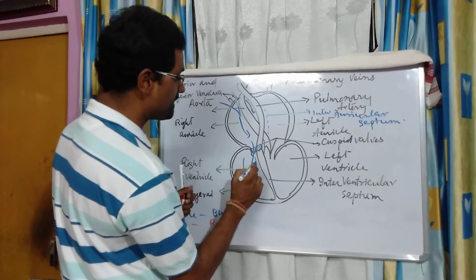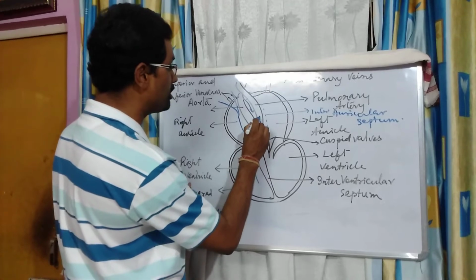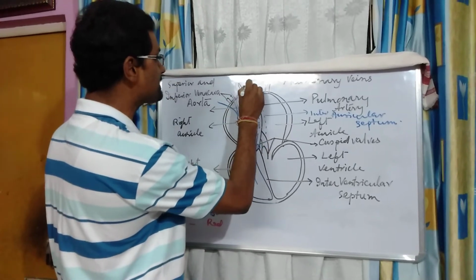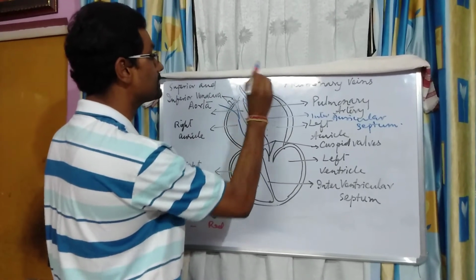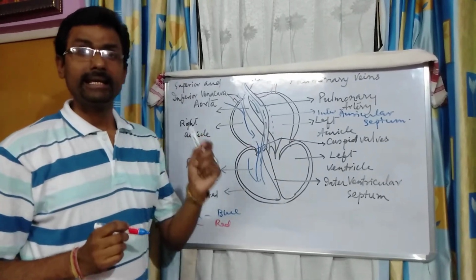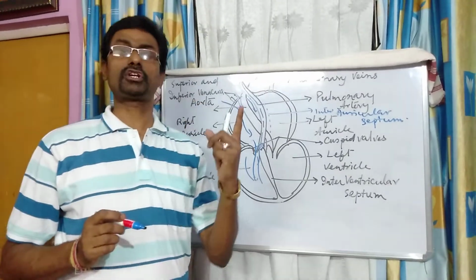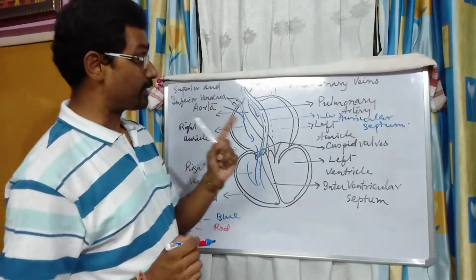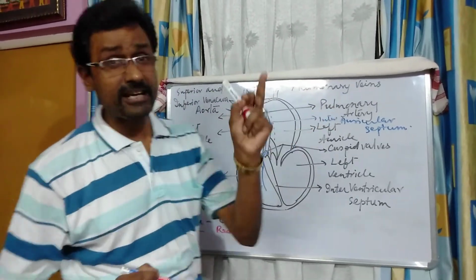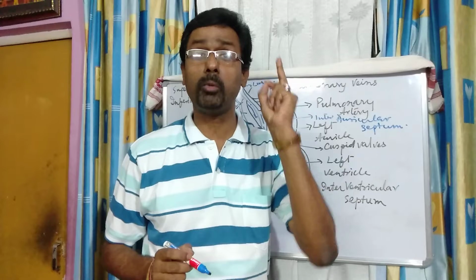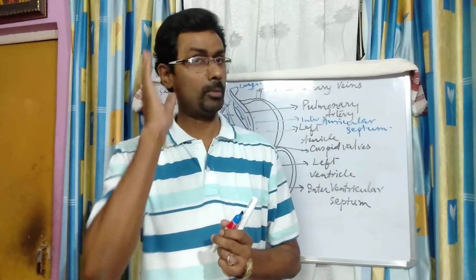Now the blood moves through the pulmonary artery and reaches the lungs. In the lungs, purification of blood takes place. Here I would like to mention one thing. Pulmonary artery is the only artery in our body which carries impure blood.